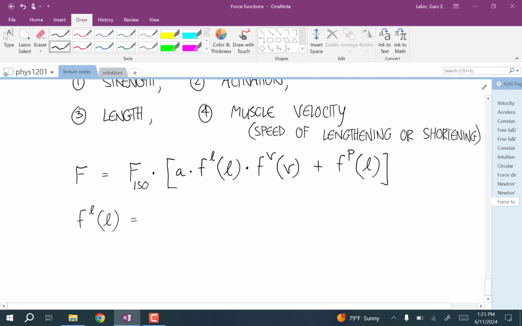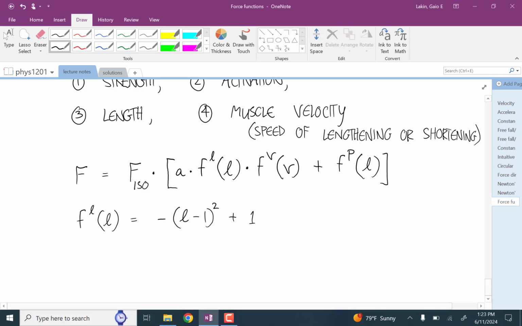Okay, so this function of the length is negative quantity normalized length of the muscle minus 1 squared plus 1.